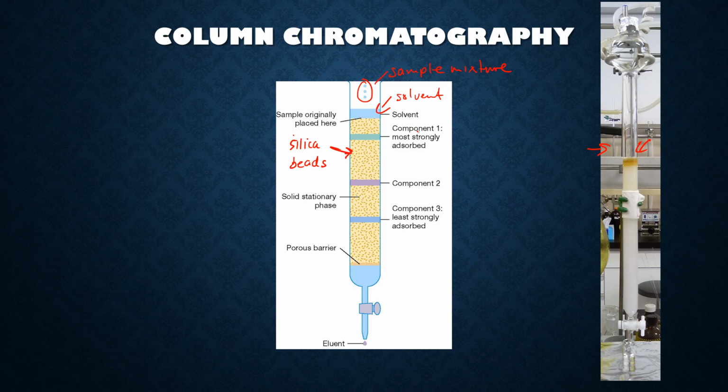And you can see that component 1 here is most strongly adsorbed to the silica beads, which is our stationary phase. Component 2 is less strongly adsorbed, and component 3 is the least strongly adsorbed. We also have a porous barrier which prevents the silica beads from travelling down any further, but allows the solvent to travel downwards using gravity.